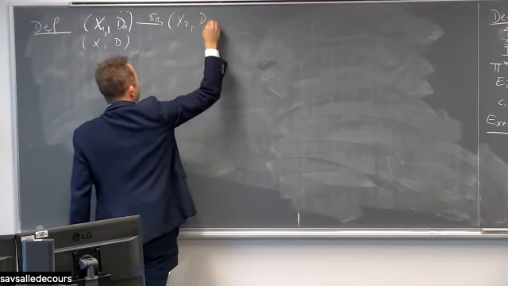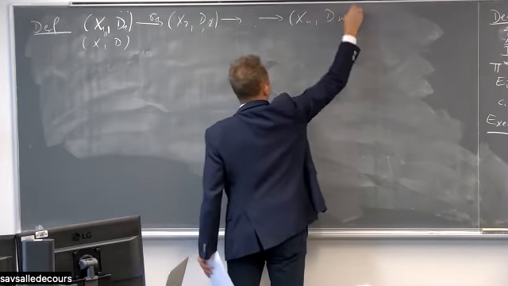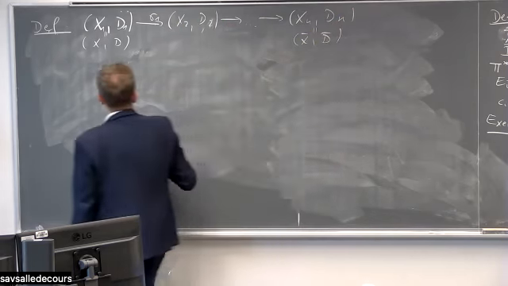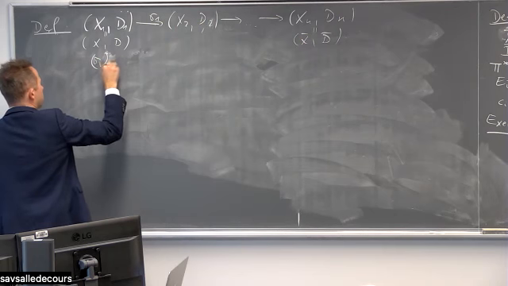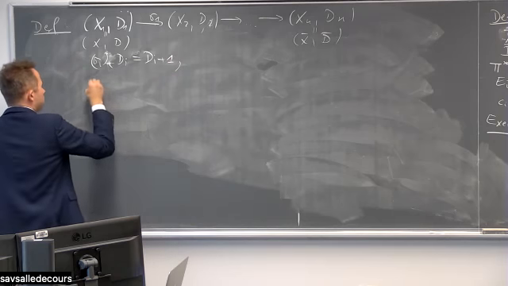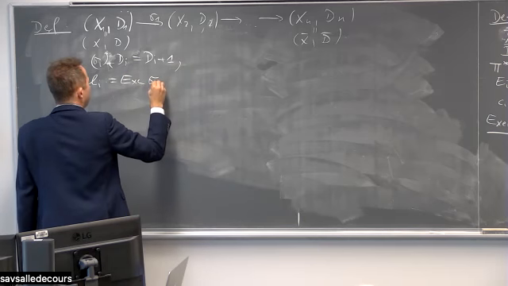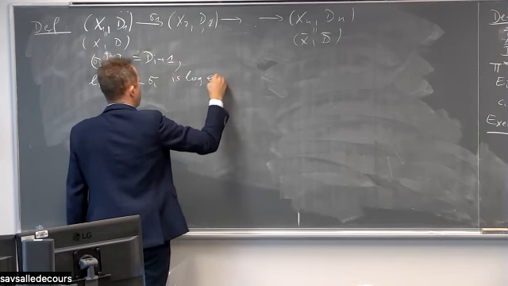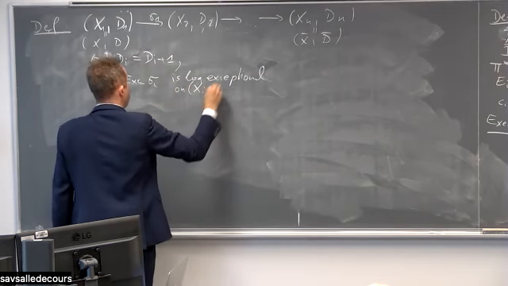A sequence of contractions, usually I would call it (X bar, D bar), such that σ_i of σ_i star of D_i is D_{i+1}, and L_i, which is the exceptional component of σ_i, is log exceptional on (X_i, D_i).